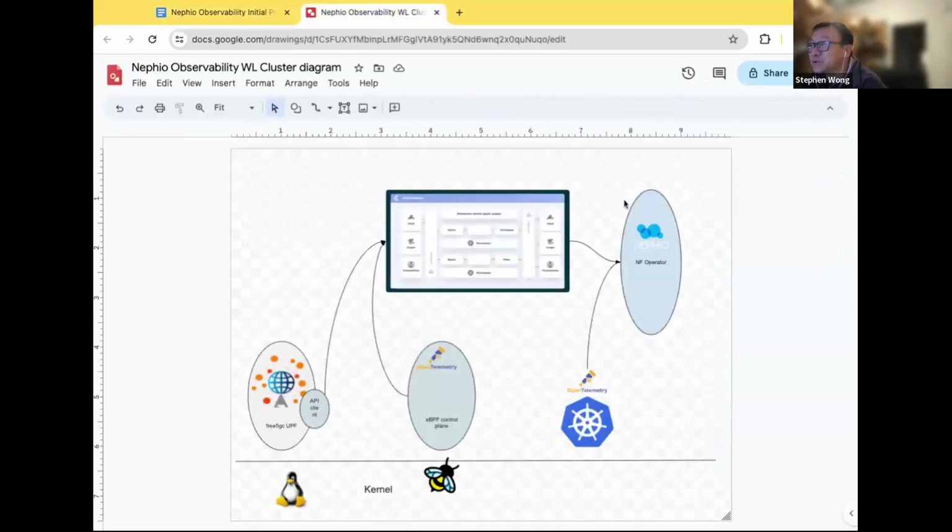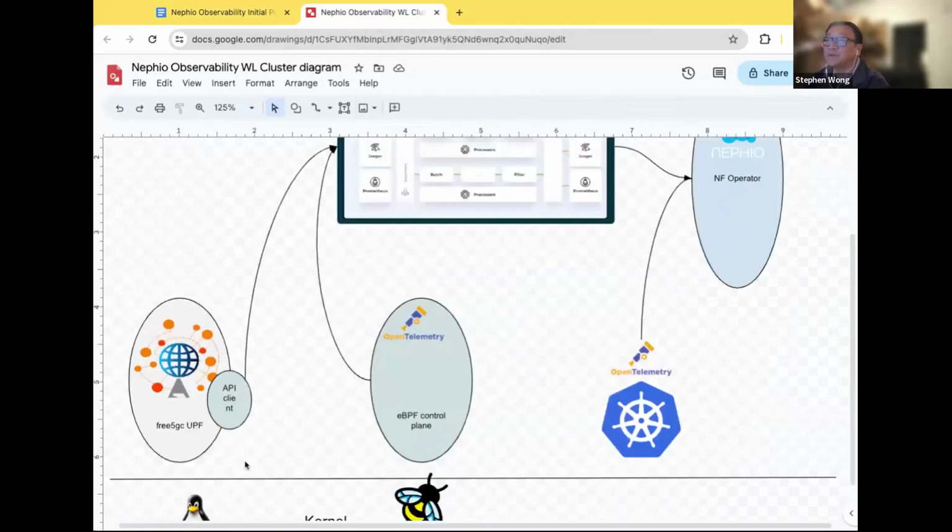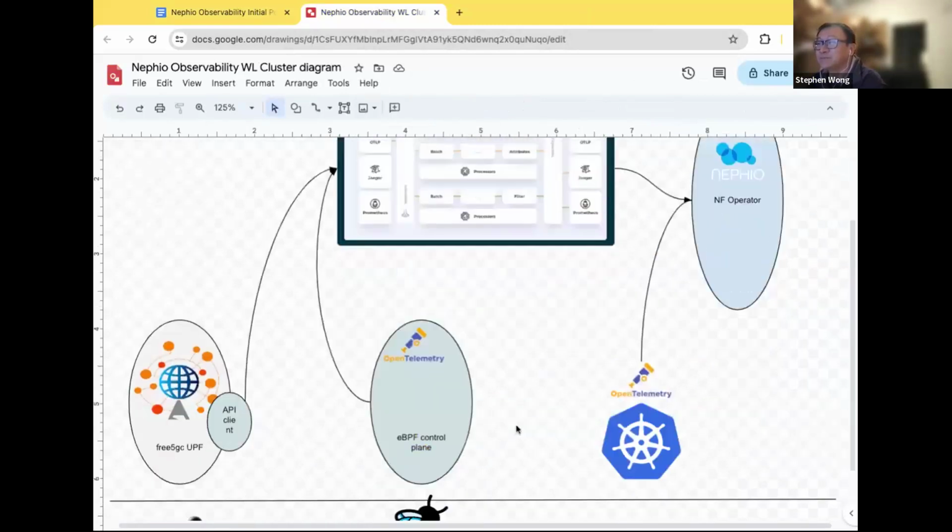This is actually the real diagram. The idea is, in a UPF, I'm open to whatever you're using, but I think you folks have been talking about using BPF.